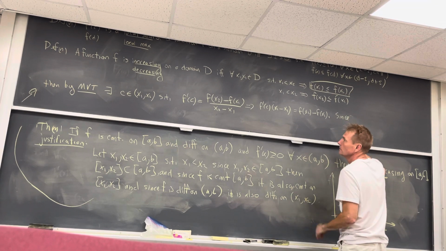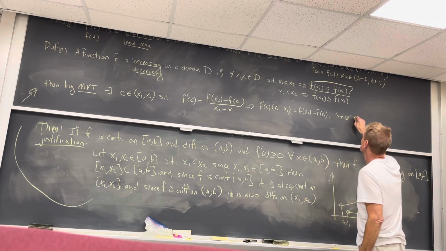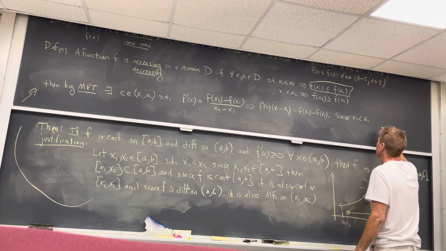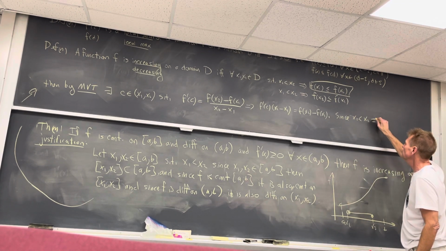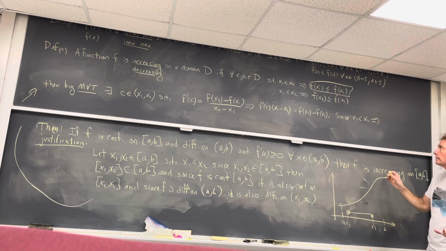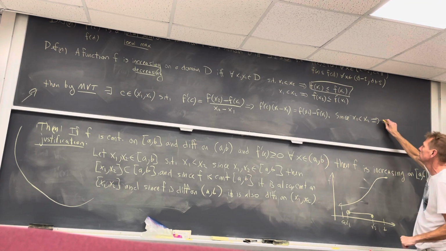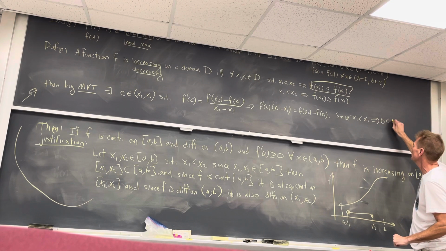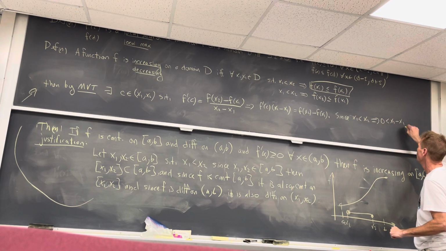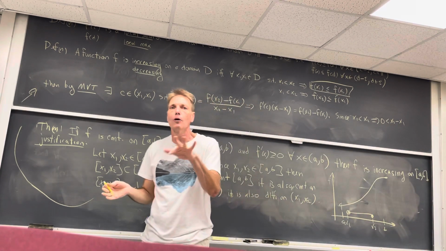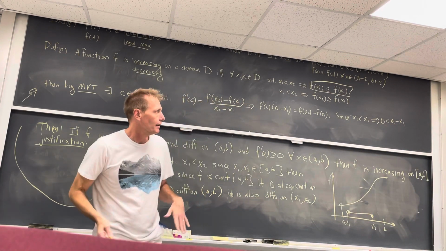Since x1 is less than x2, this implies, I'm not doing anything clever, all I'm doing is subtracting x1 from both sides. This implies 0 is less than x2 minus x1. Now notice when we subtract, we don't flip the sign. It's only when we're multiplying or dividing by a negative that we flip the sign.